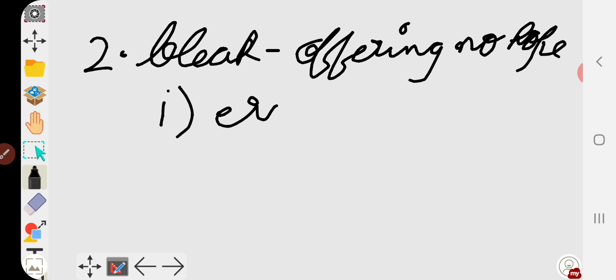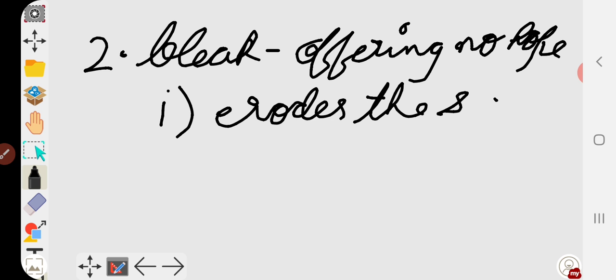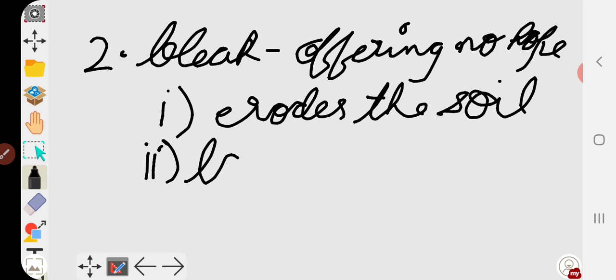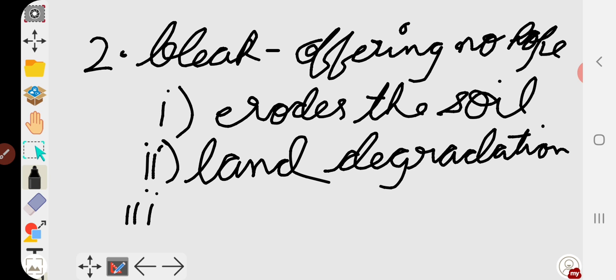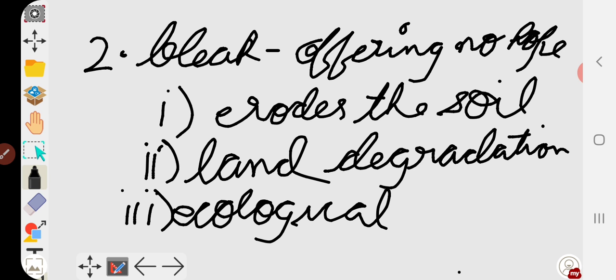Second, it leads to land degradation. And third, extinction of flora and fauna, which is responsible for environmental degradation. So: number 1, soil erosion; number 2, land degradation; number 3, environmental degradation or ecological imbalance. That is why the future of shifting cultivation is bleak.